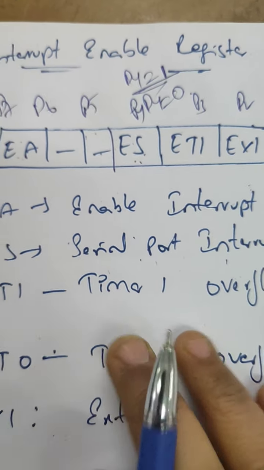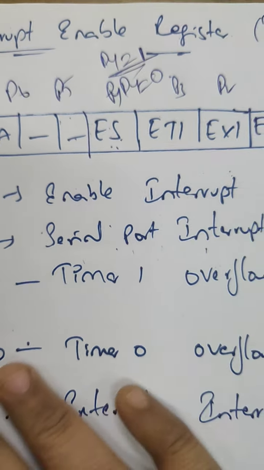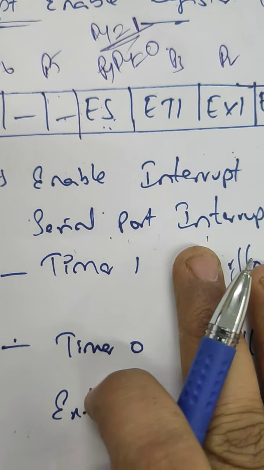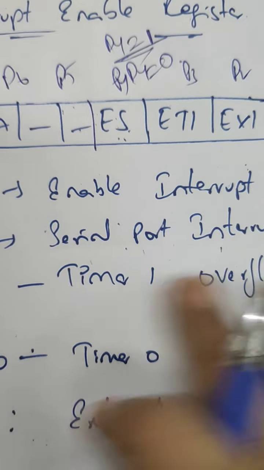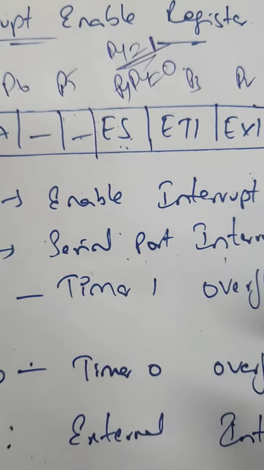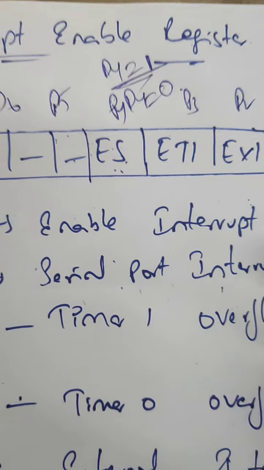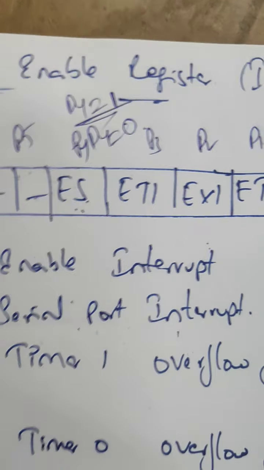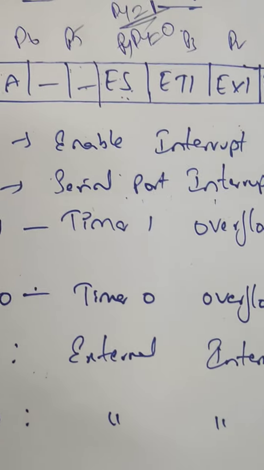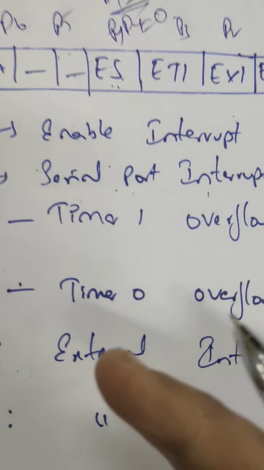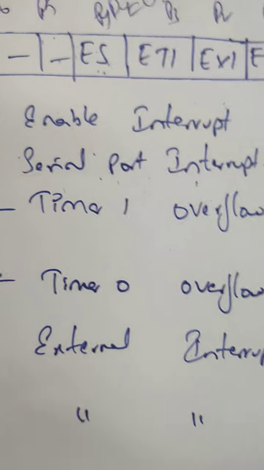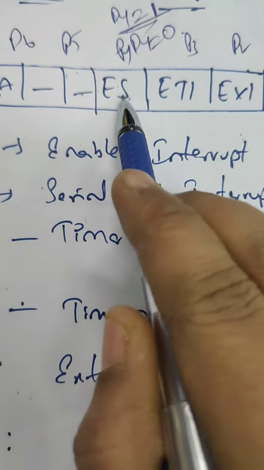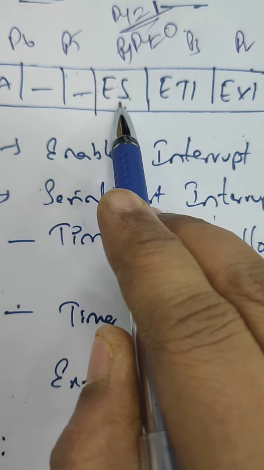So guys, in this interrupt enable register, when we set a bit to 1, it is enable. When we set it to 0, it is disable, the otherwise condition. What is going to be enabled and what is going to be disabled, we have to know.